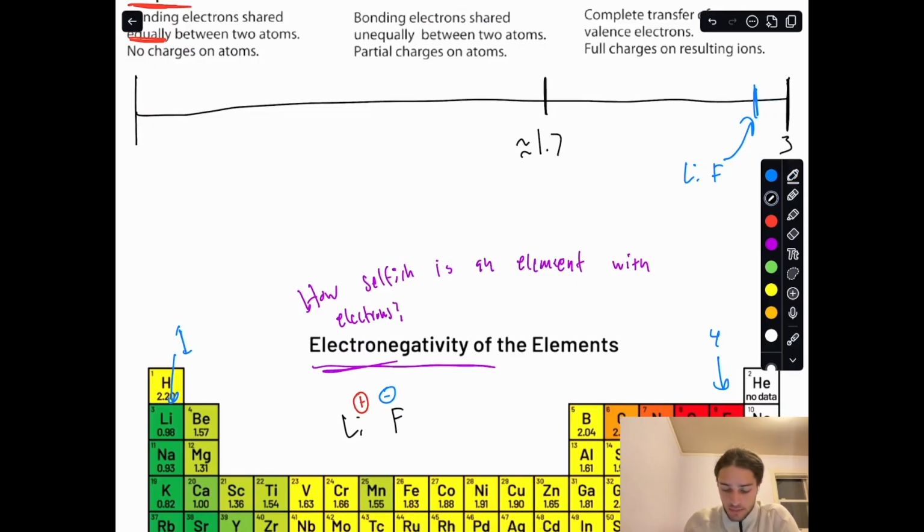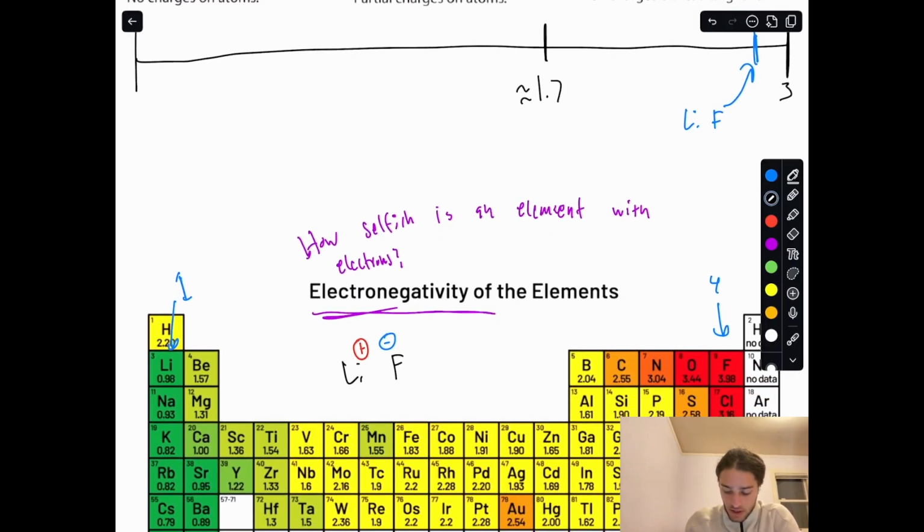And then another example would be something like hydrocarbons. Carbon has an electronegativity of 2.55, and hydrogen has 2.20. Hydrocarbons are a really important molecule in life and in organic chemistry, and a hydrocarbon is just a molecule made of nothing but carbon and hydrogen. Since their electronegativity difference is only 0.35, it's all the way down here near zero.